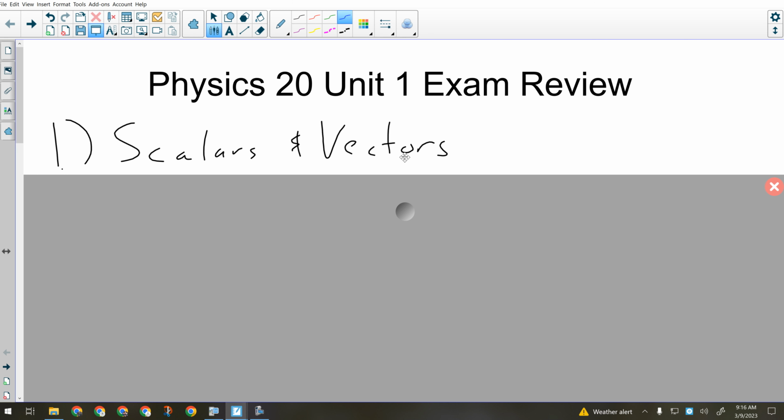Or similarly, because this one gets people all the time, let's say I give you an acceleration problem: this object has an initial velocity of 10 meters per second. It's accelerating at -2 meters per second squared for 3 seconds. What is its final velocity? And you write a number with no direction on it.